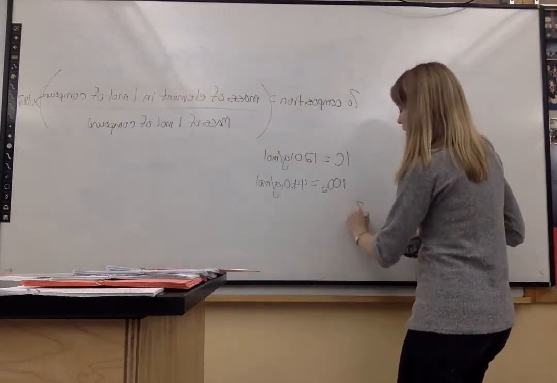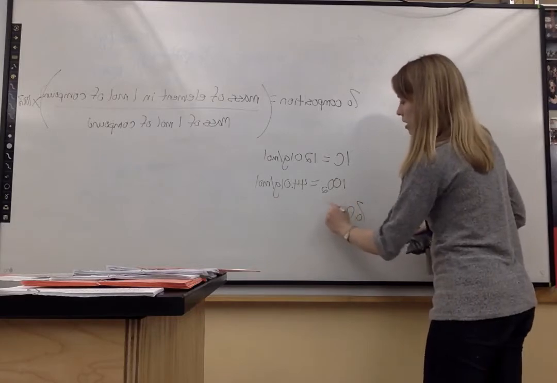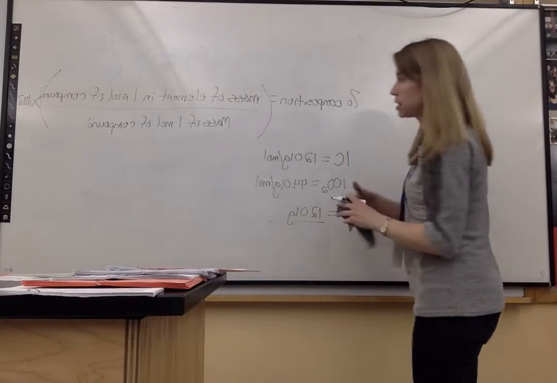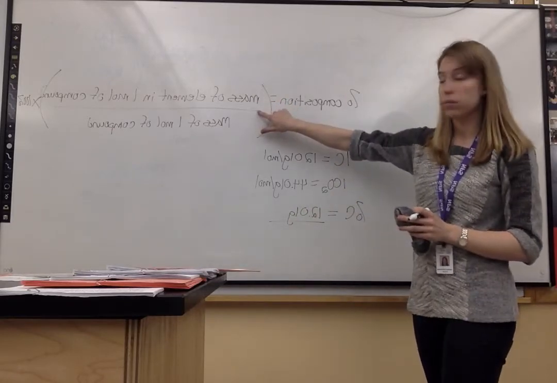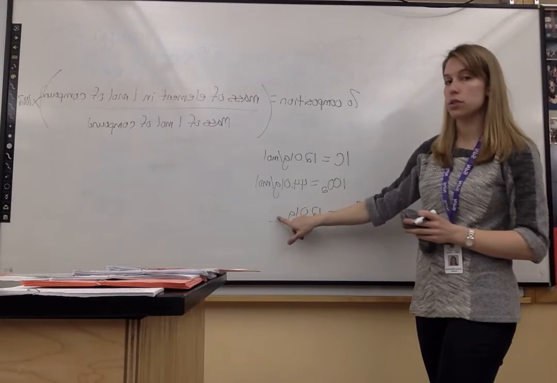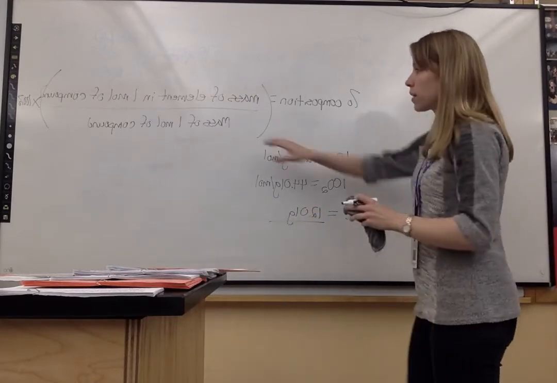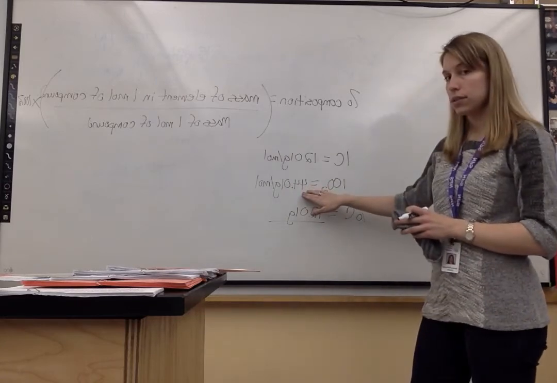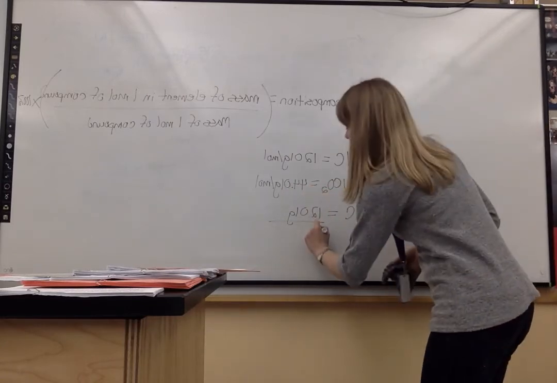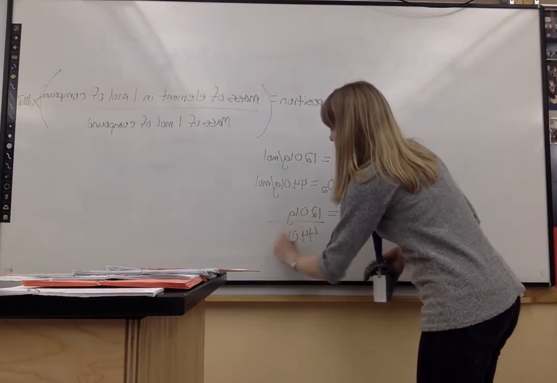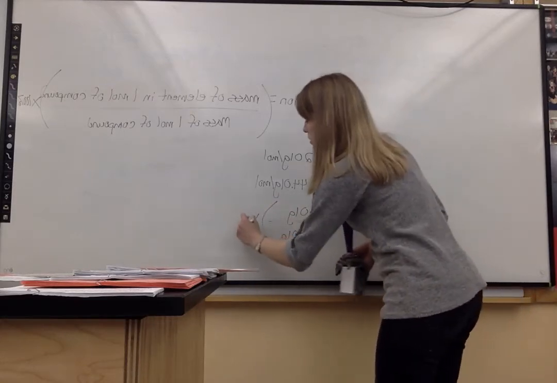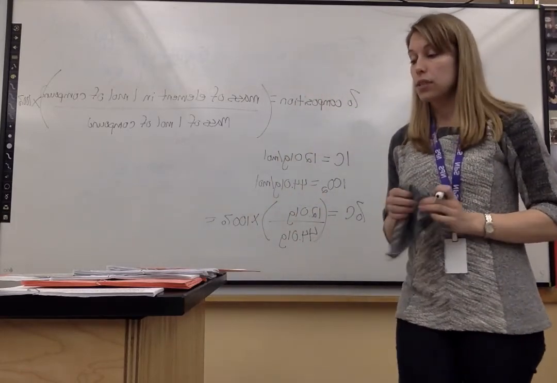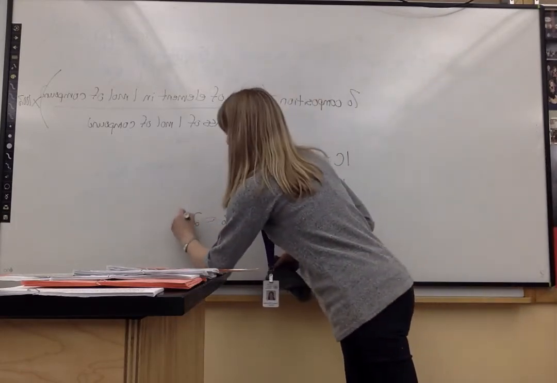The percent composition of carbon is going to be 12.01 grams, which is the mass of the element in 1 mole, divided by the mass of 1 mole of the compound. So the mass of 1 mole of CO2 is 44.01 grams. And then this whole thing needs to be multiplied by 100% in order to make it a percentage, okay? And if we do that math, we should get 27.29%.